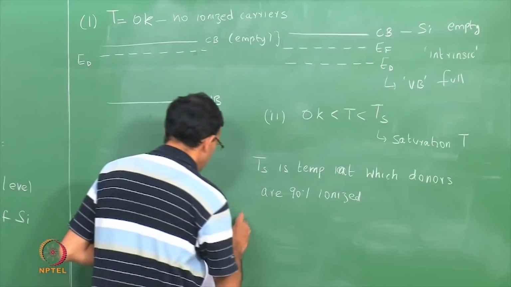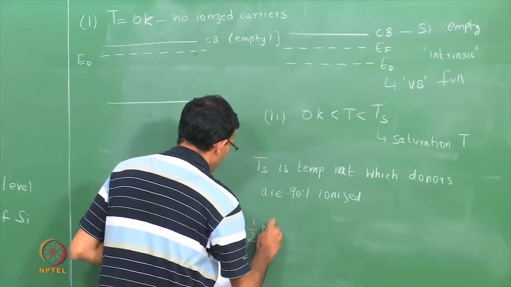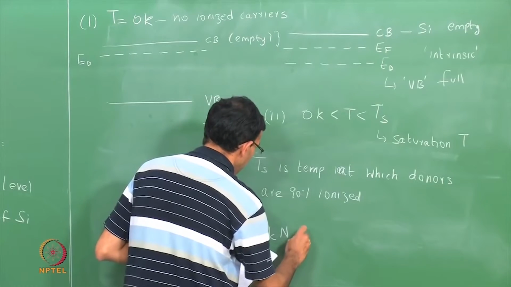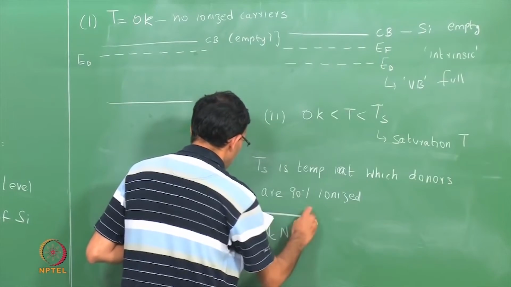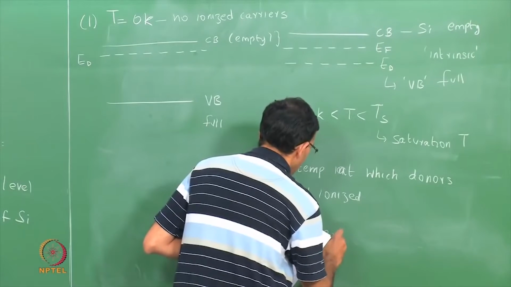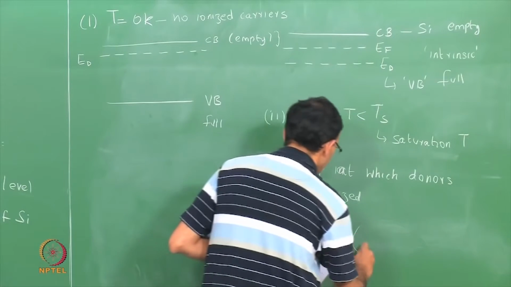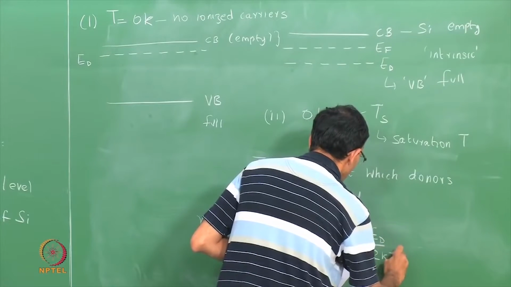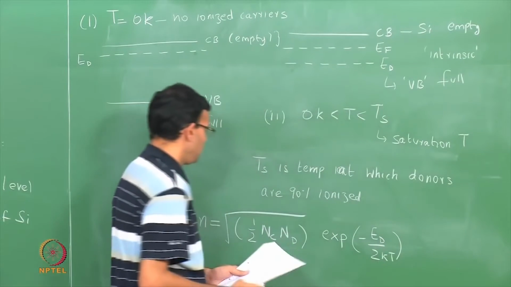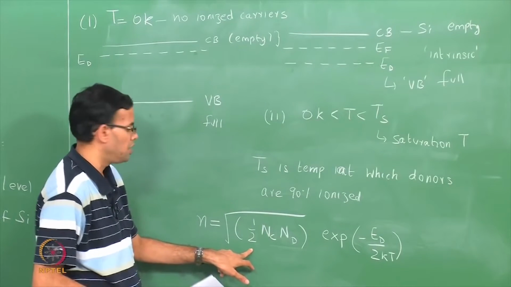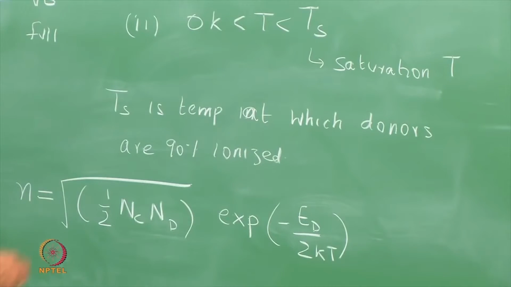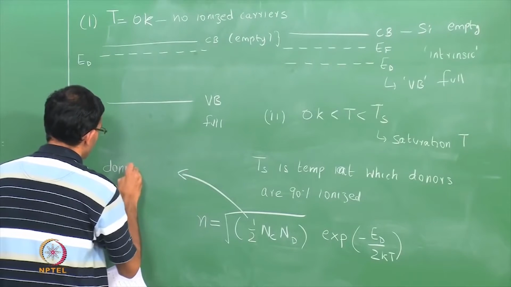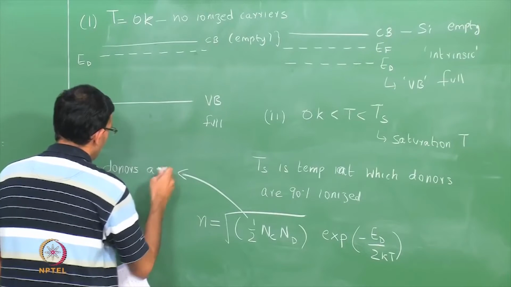In this case, N is 1/2 Nc, and instead of Nv, you will have Nd, which is your donor concentration, exponential minus Ed over 2kT. The 1/2 term is here because your donor levels are localized levels. Your donors are localized levels.